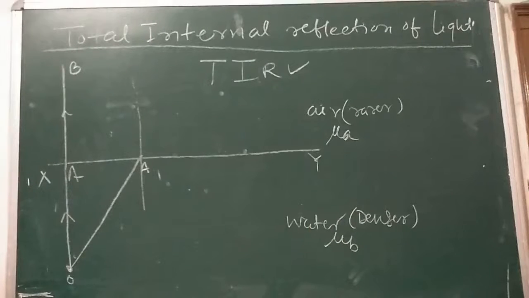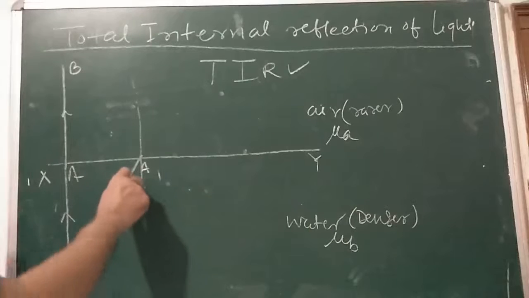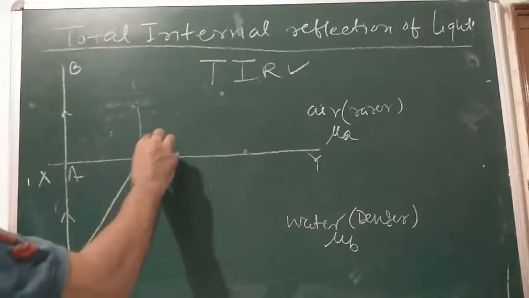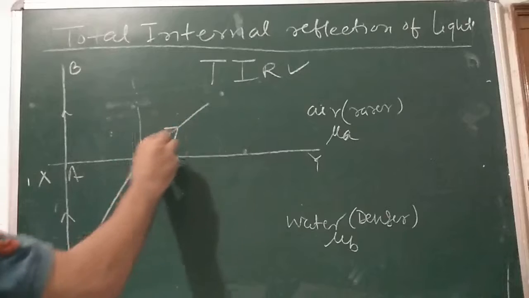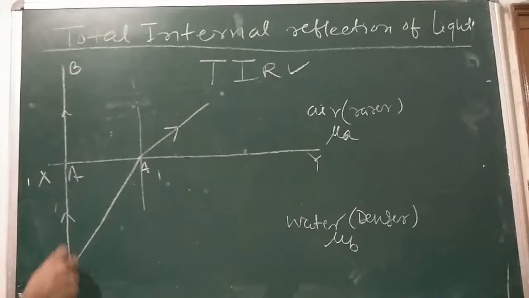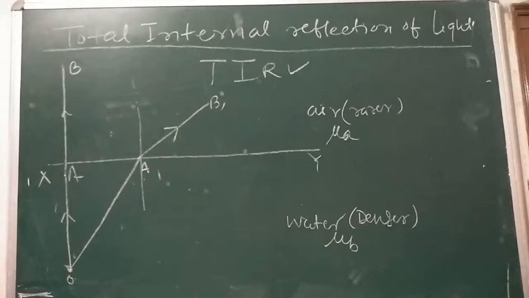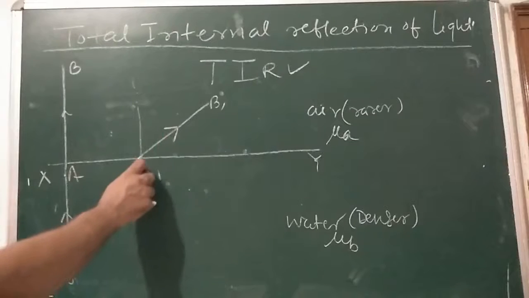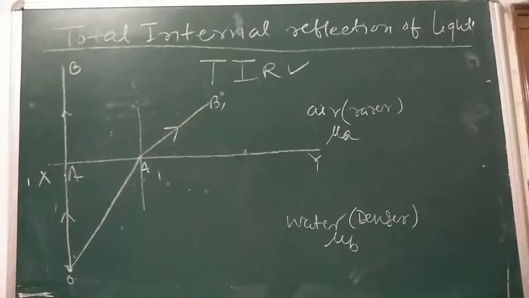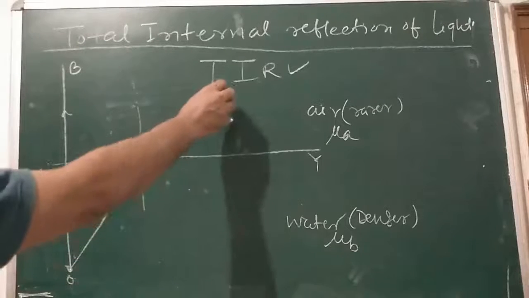Now, when the ray goes from denser to the rarer medium, it will bend away like this. Here is OA, here A1, it will go along A1, B1. So what we are observing, a ray OA1 deviates away from the normal and refracted along A1, B1.